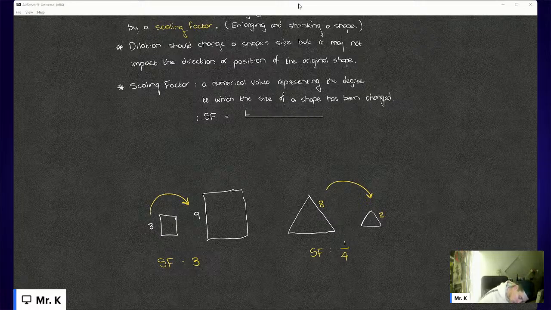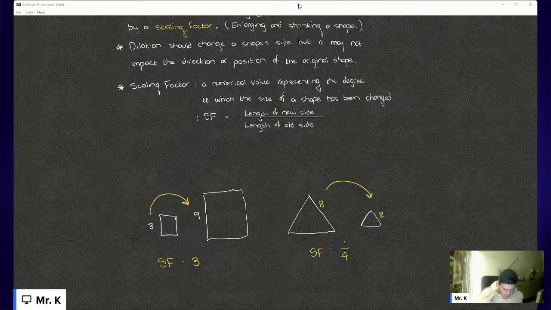We take the length of the new side of a shape and we divide it by the length of the old side, the unchanged original side of the shape, right? And please keep in mind that if I use the left-hand side of this square, I need to use the same measurement of the left-hand side of that new square, right?